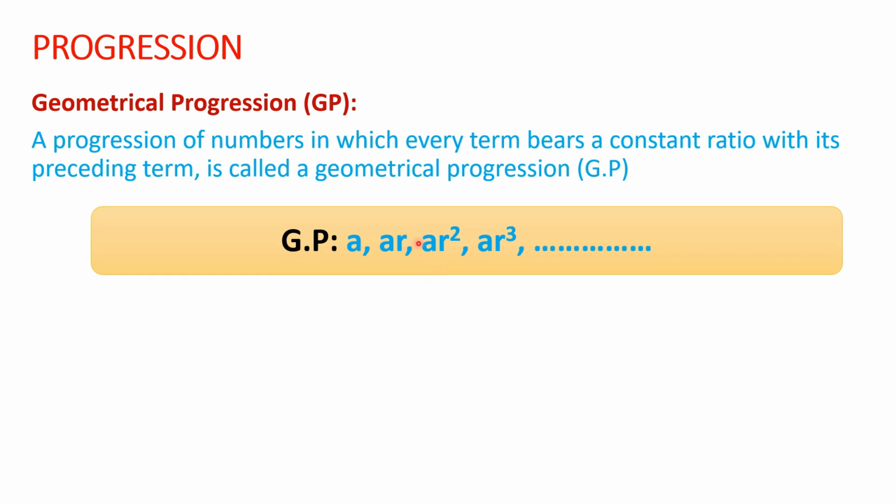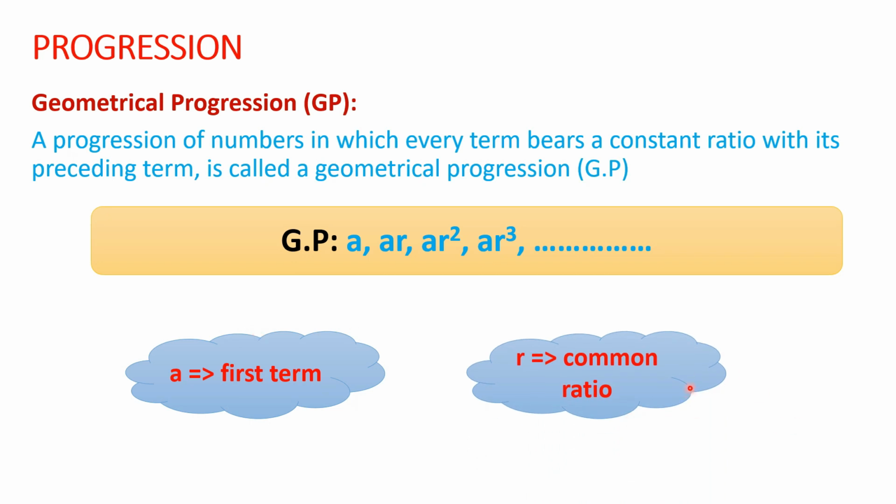If we divide the third term by the second term, we get r as the ratio. If we divide the fourth term by the third term, here also we get r as the ratio. That means we are getting a constant ratio. So in GP, each term differs from the preceding term by a constant ratio. Here a is the first term and r is the common ratio.